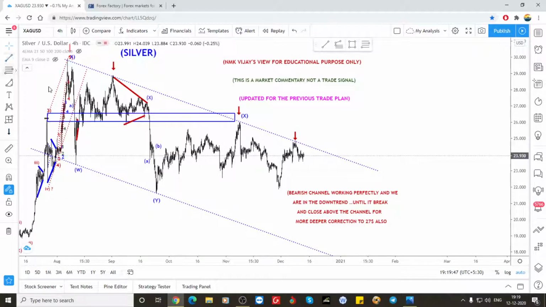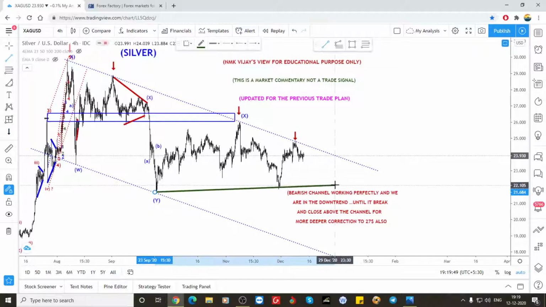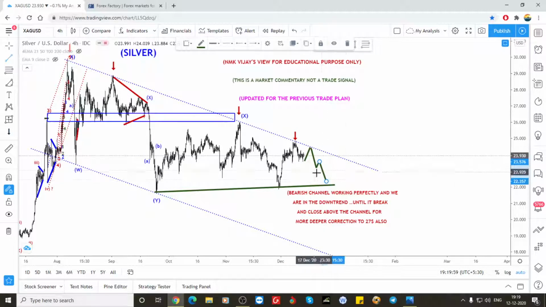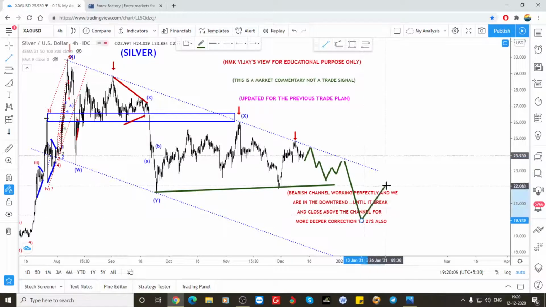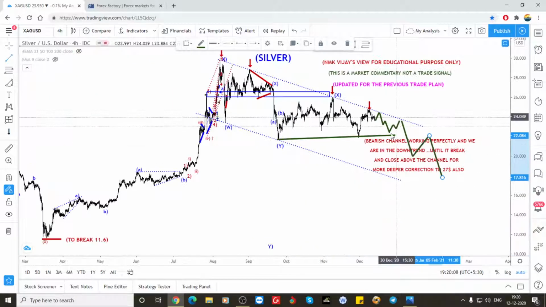So it is still not yet broken. So whether it can go back high and again drop, and again it can do like this, and again one more three-wave structure, and again one more A, B and C. So it can do like this.